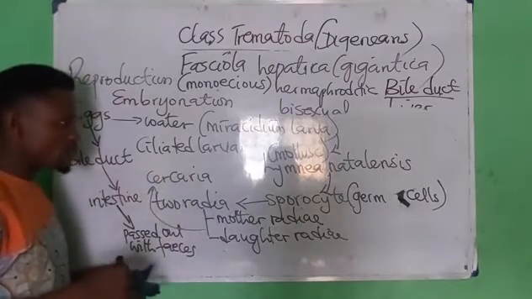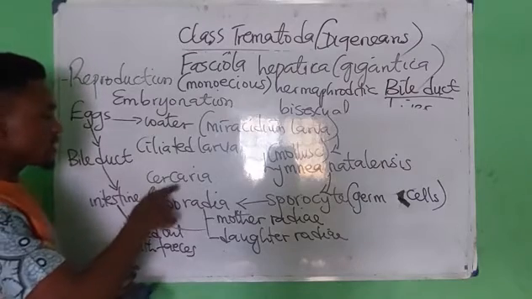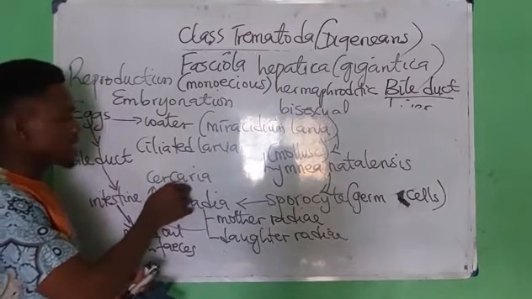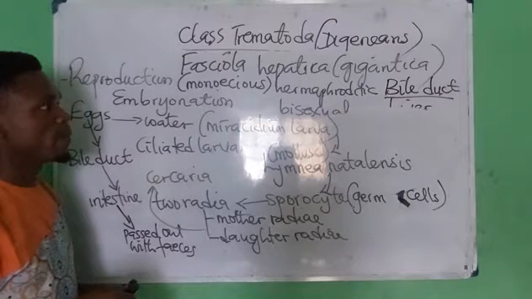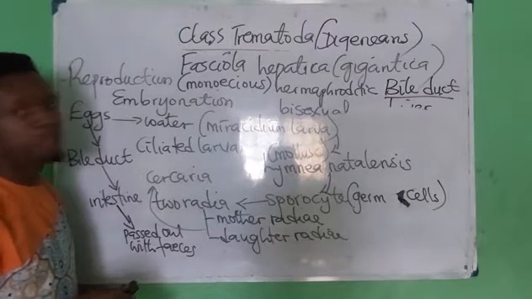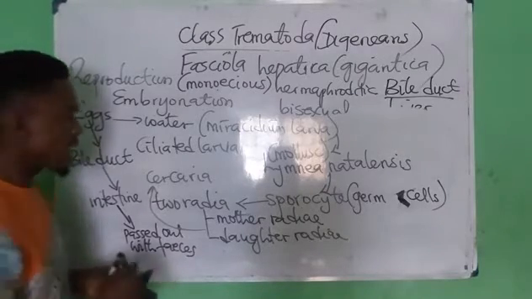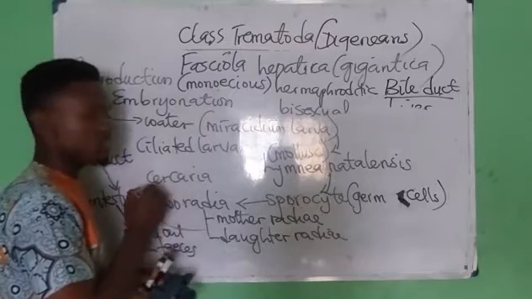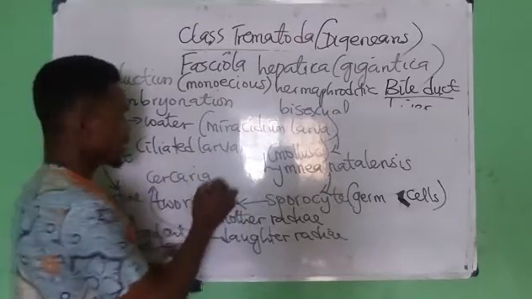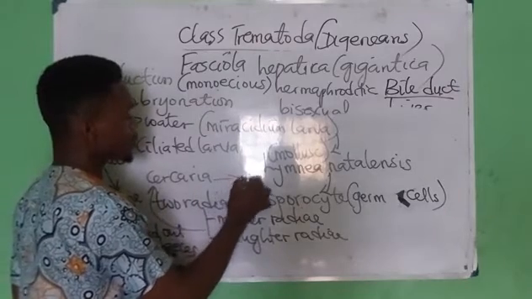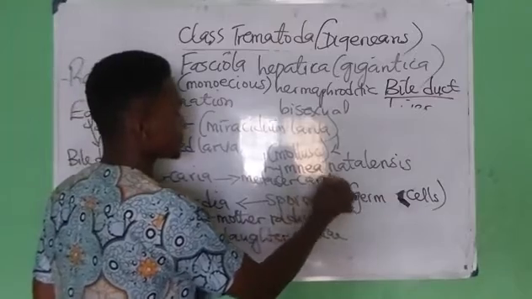This radia so produced develops into what is called cercaria. Now, this cercaria is passed from the organism, and as soon as the cercaria undergoes encystation, it develops what we call metacercaria.